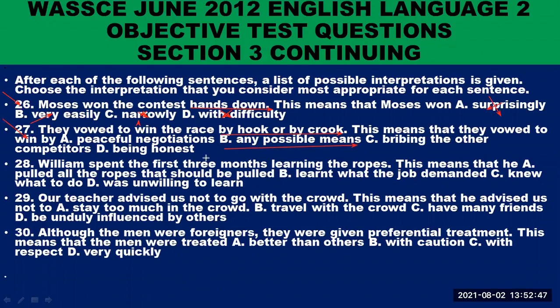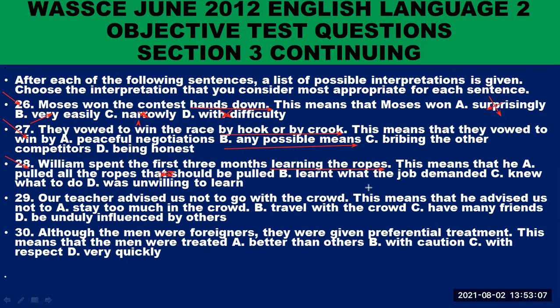Question 28. William spent the first 3 months learning the ropes. This means that he, A, pulled all the ropes that should be pulled. You can see these are types of options you can easily eliminate. B, learned what the job demanded.